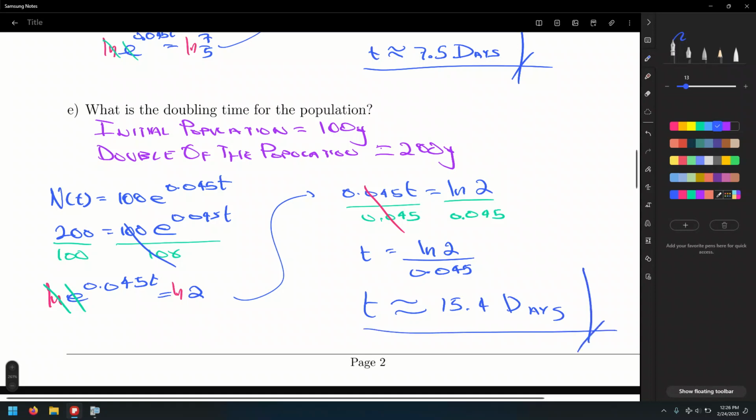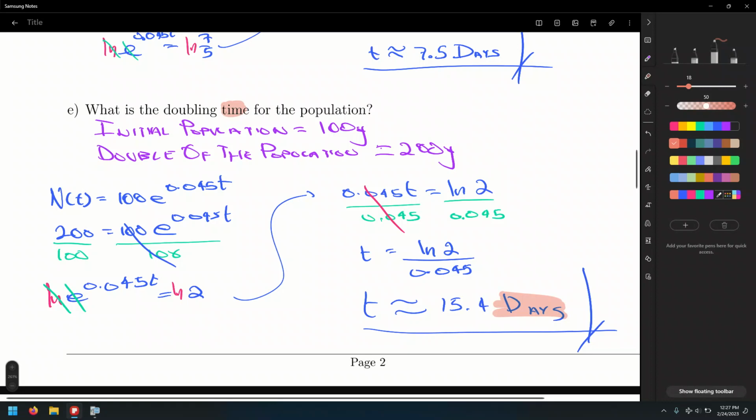And again, units matter in this case. Make sure to go with the correct units. So in this case, notice how we're using units of time, right? And we have to go with what's specified in the problem. So t represents the number of days.